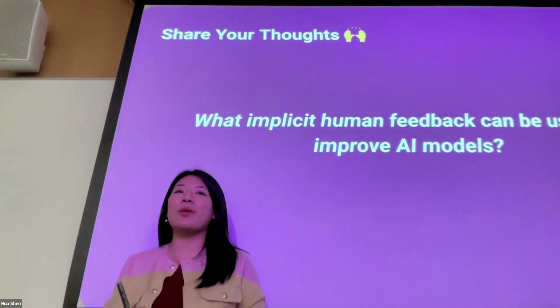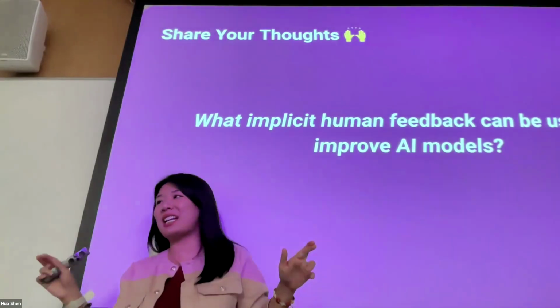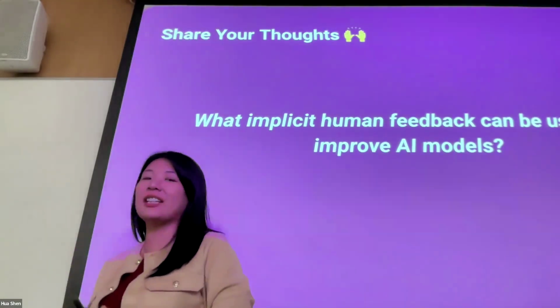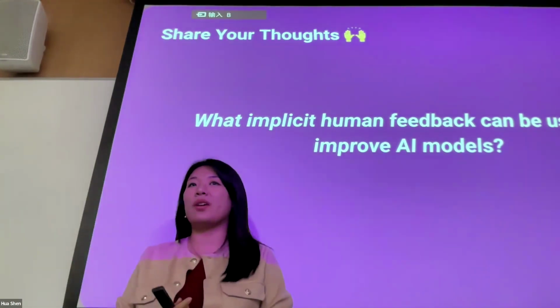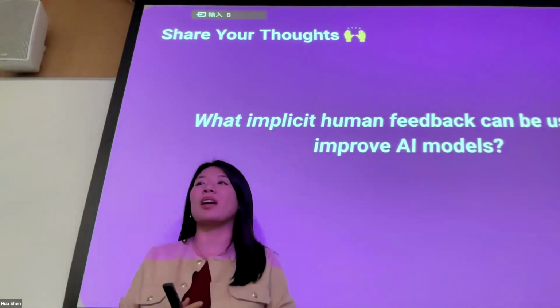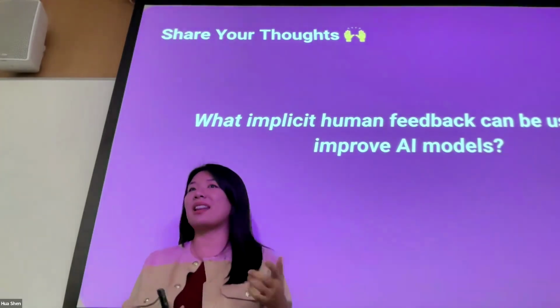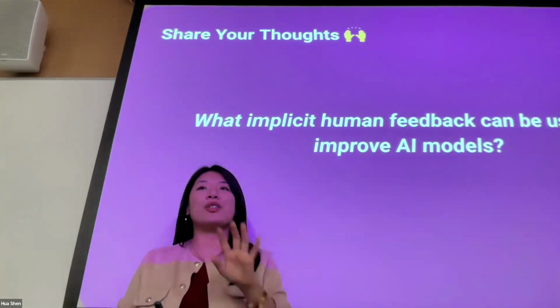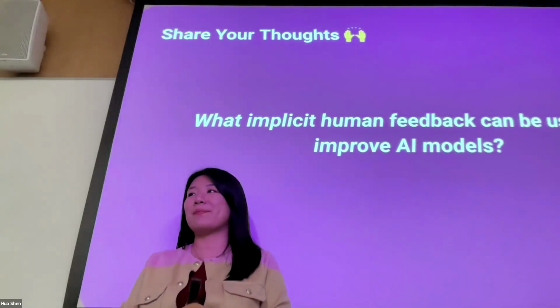For example, you are talking with Alexa, or Google Home, or Tmall Genie in China. It's not only about what you are saying, the content, but also your emotion that tells something. That is also implicit human feedback that might be ignored, but actually conveys some signal from the human.